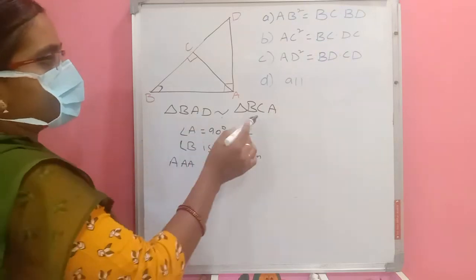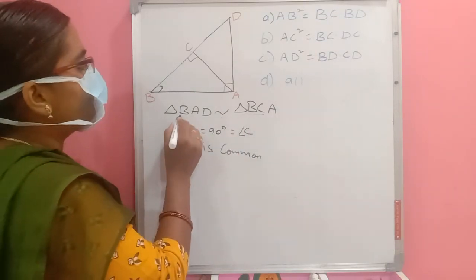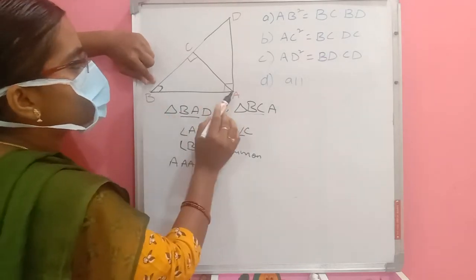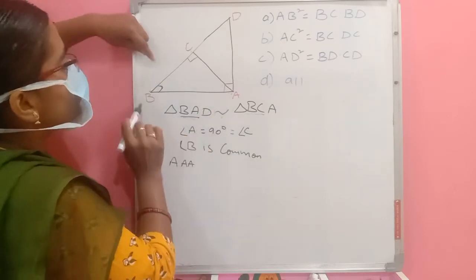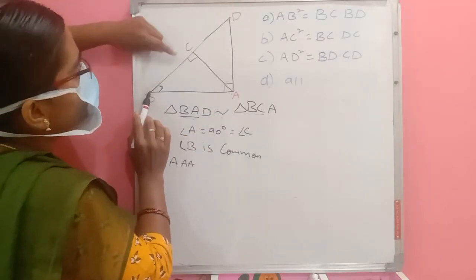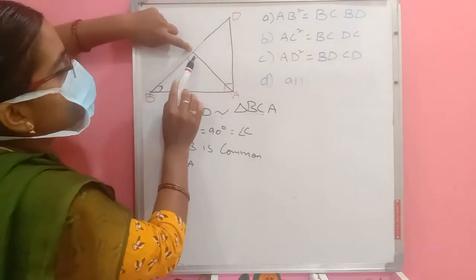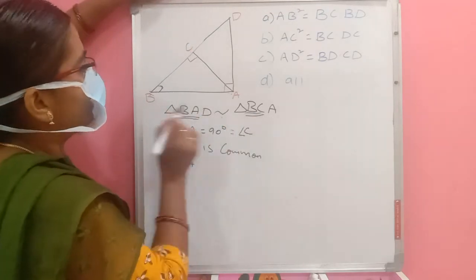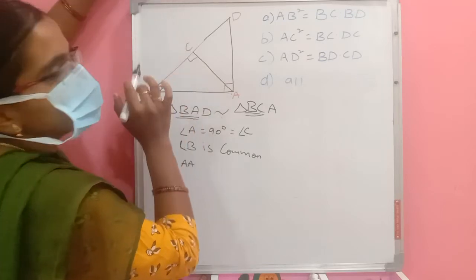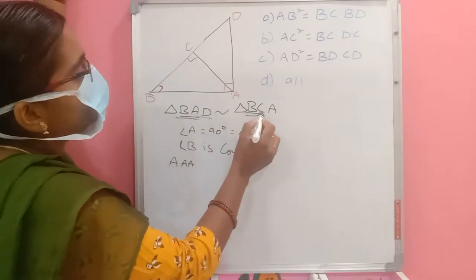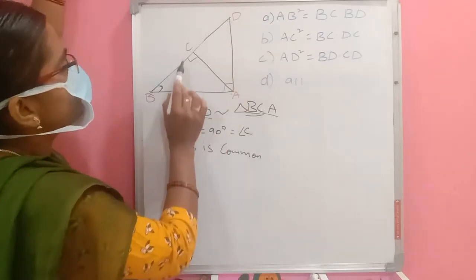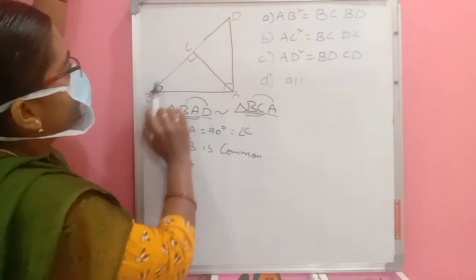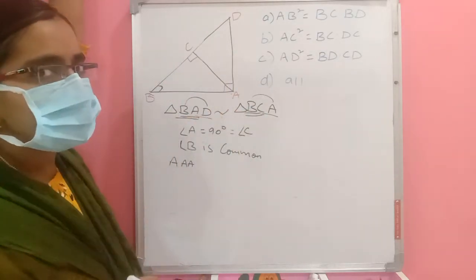So why have I written BCA, not BAC? Because BA means from B we are going to the 90 degrees angle at A. So here also we should go from B to the 90 degrees angle, which is C. Next we have A. Means BA and BC are corresponding sides, AD and CA are corresponding sides, and BD and BA are corresponding sides.